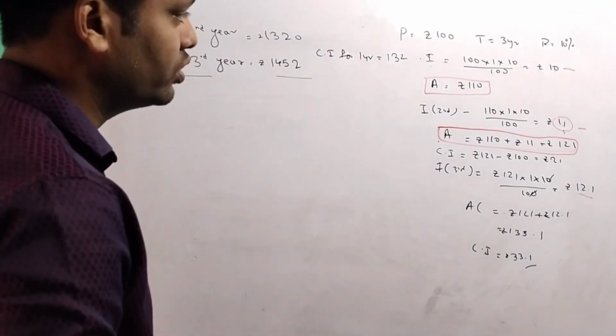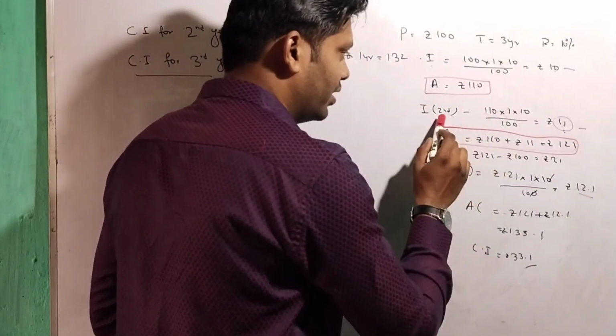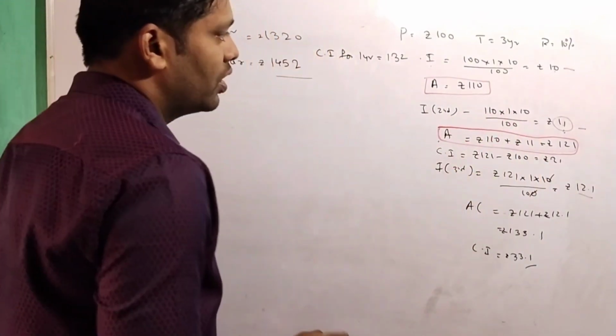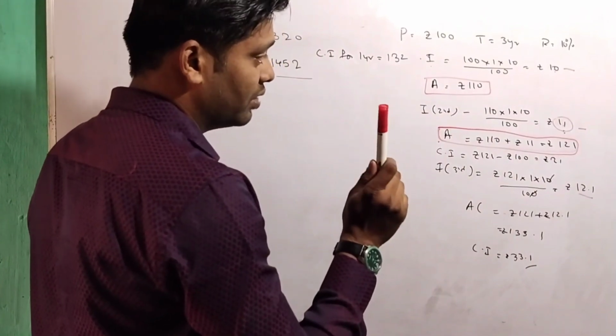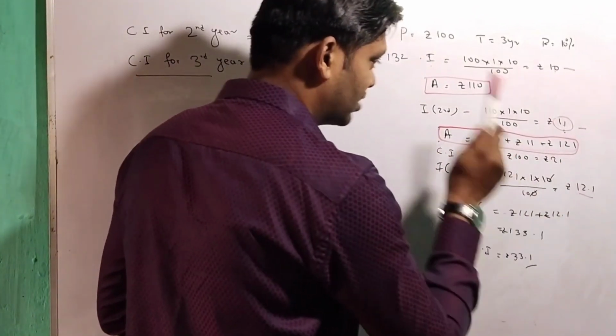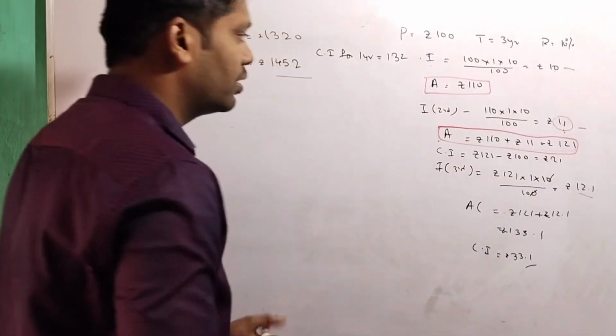If I subtract these two, do I get the compound interest for the second year? Not 2 years, just the second year. This one minus this one. Yes sir, I am going to get it.